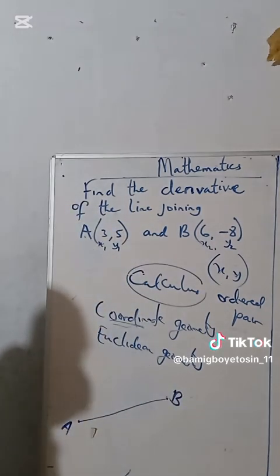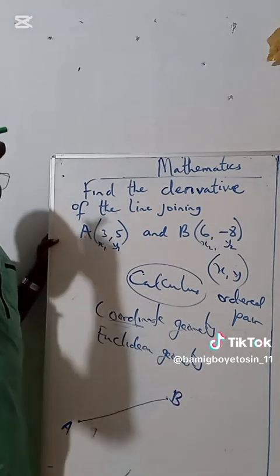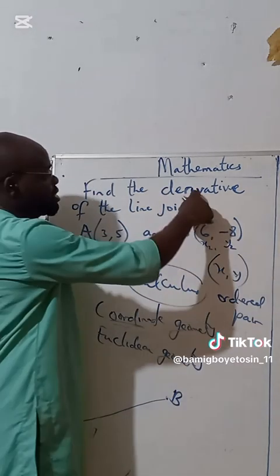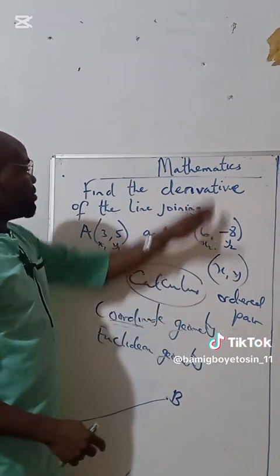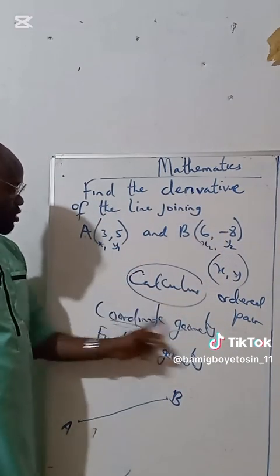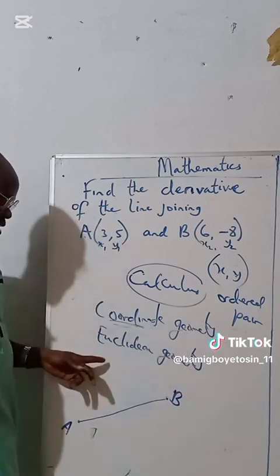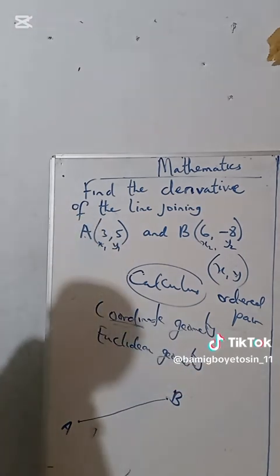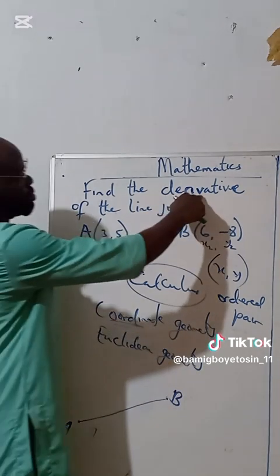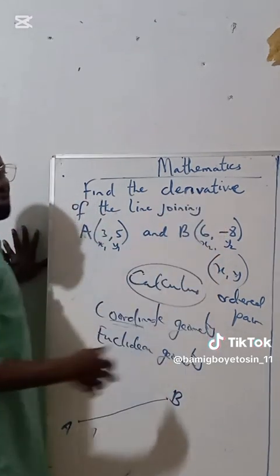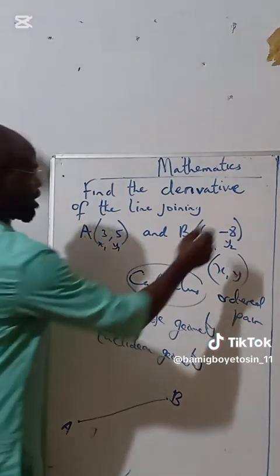So what we are just doing here is bringing the derivative, which is in calculus, into coordinate geometry and Euclidean geometry. You know, derivative is talking about dy/dx in calculus.